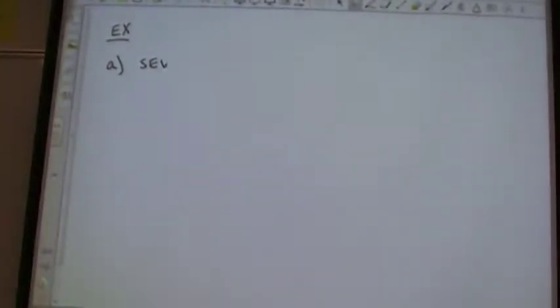Write an algebraic expression for each phrase. First one, 7 more than the letter N. How would you write that as an expression?